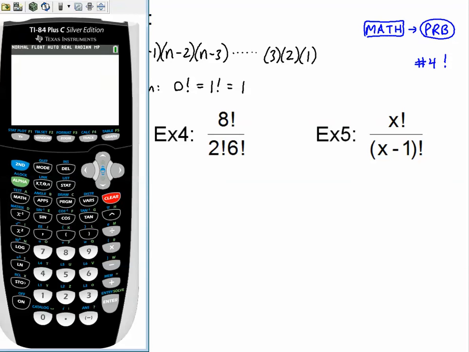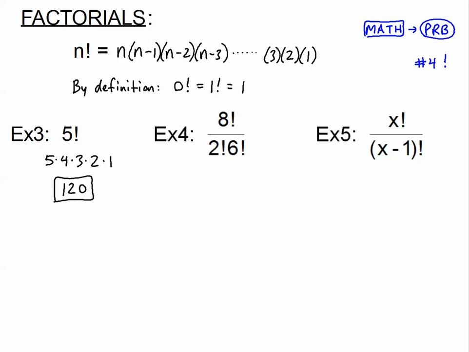So you actually have to push the 5 first and then call up the math probability menu and then down to 4. Oops, I went too far. And then down to 4. And you'll get 5 factorial is indeed 120. So if you wanted to use your calculator for these, that would be fine too.